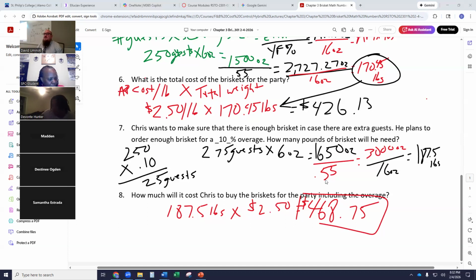Divide by that yield factor so we can figure out we need 3,000 ounces. Divided by 16 ounces per pound converts to 187.5 pounds. So in reality, I'm going to budget for $468.75 to make sure I account for those extra 10%.